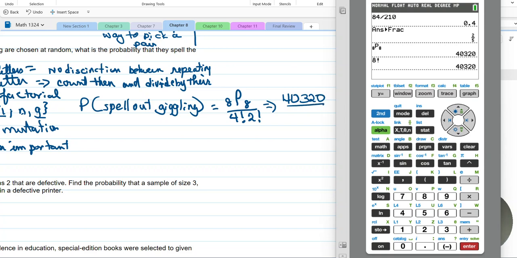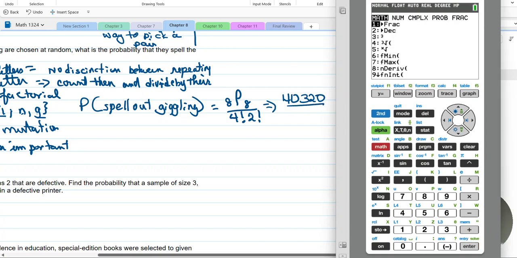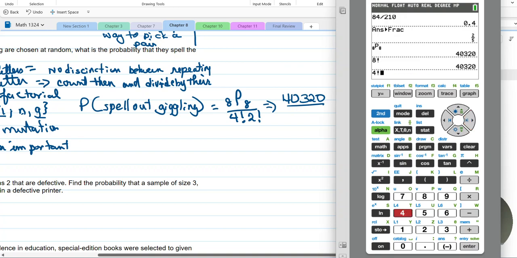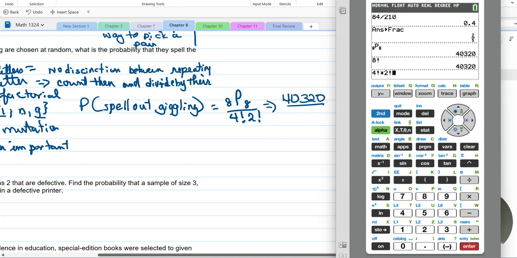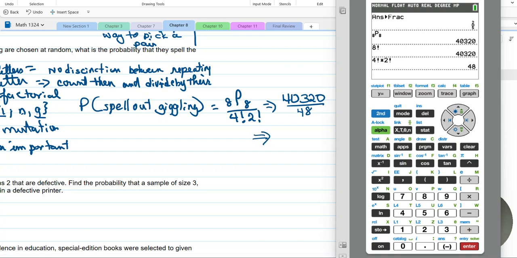And the bottom we have 4 factorial times 2 factorial, which we know is just 2, but we're going to do the factorial because we understand that it has to be a factorial for this consideration. And we get 48. So now what we're going to do is divide it out and then make a fraction.